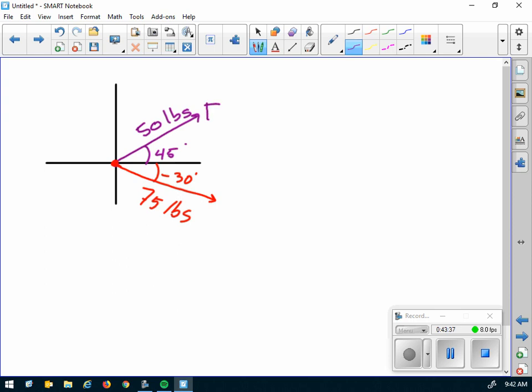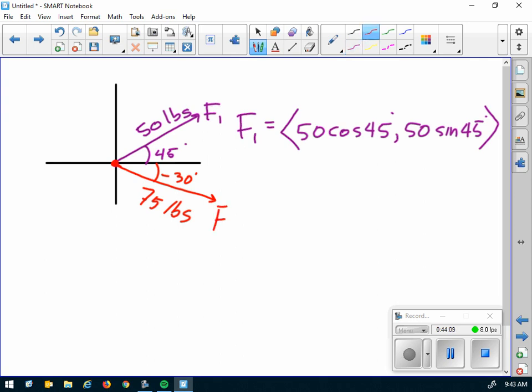We're going to call this force 1, so we're going to write a vector for force 1. Magnitude, so it's 50 cosine 45 degrees, 50 sine 45 degrees. So that's Gus.